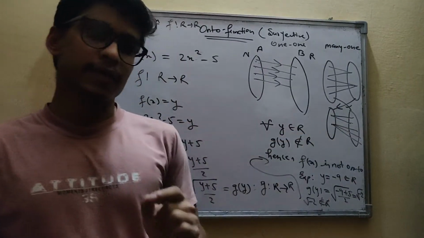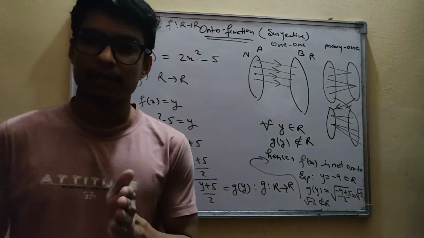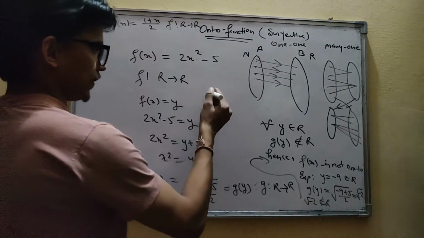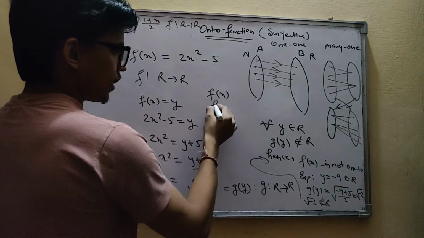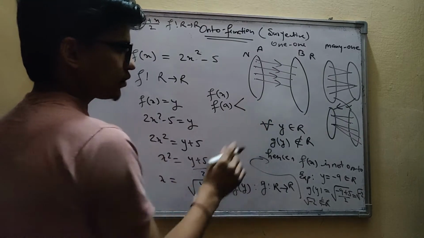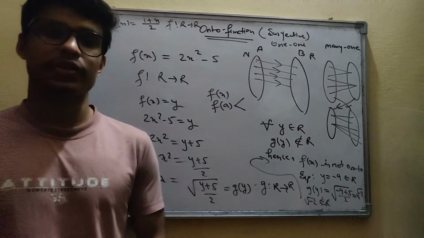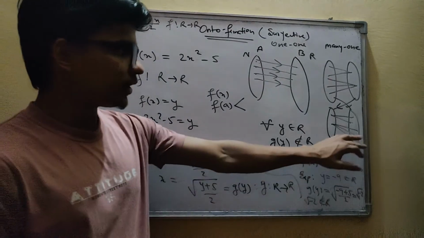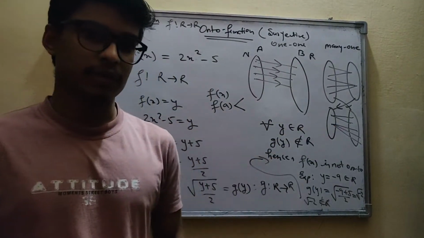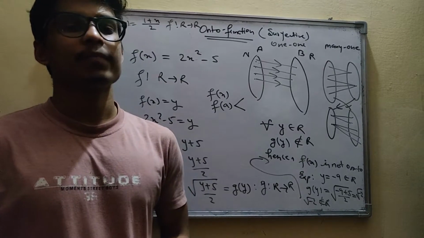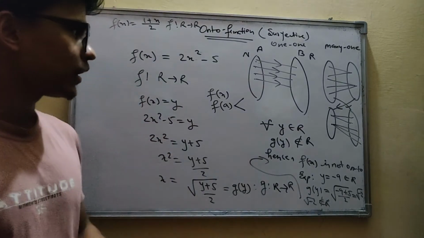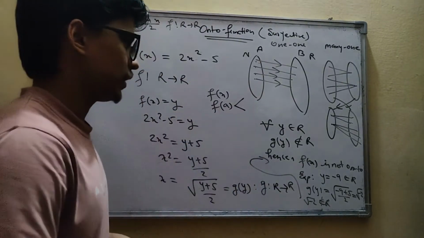But it is not possible in a function. For a function f(x), any constant value cannot give you 2 different values. That is not a function. That is not the definition of a function. So that is why a many-one function cannot have an inverse, right? So a function which is many-one, not one-one, cannot have an inverse. But in case of one-one, let's see what will happen.